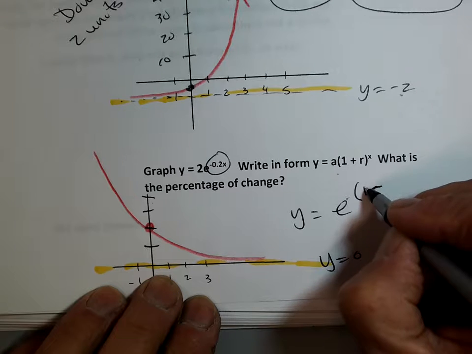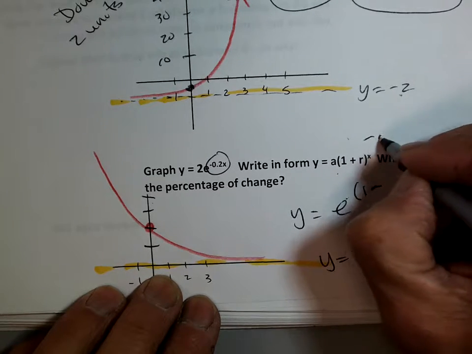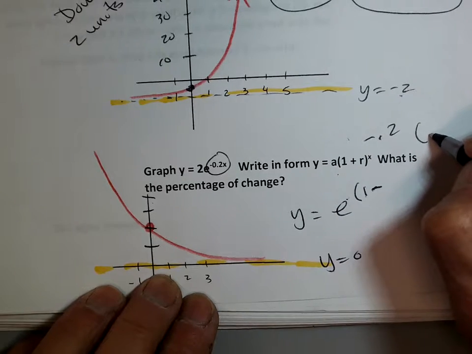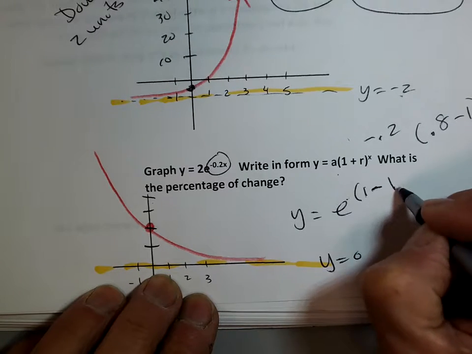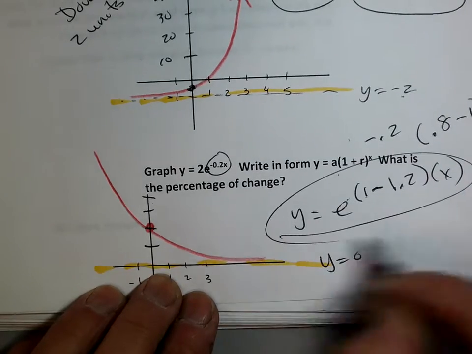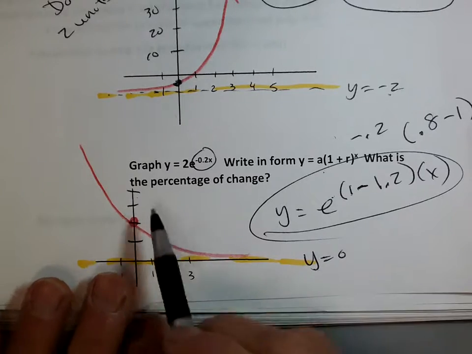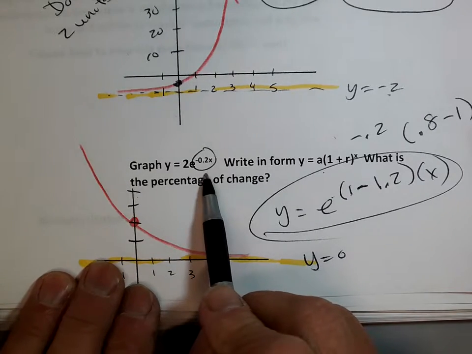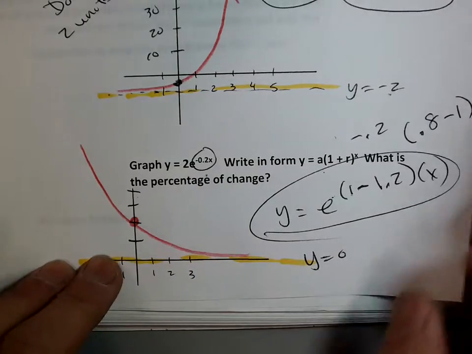I want to write it the other way around. 0.2, I want to rewrite as... actually, let's not do that. That's going to make it too hard. Because the percentage change is you're dropping, I want you to see that you're dropping 80%. We'll talk about that later. Let me flip the page and talk about that later.